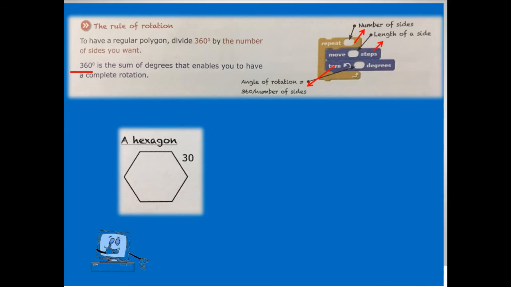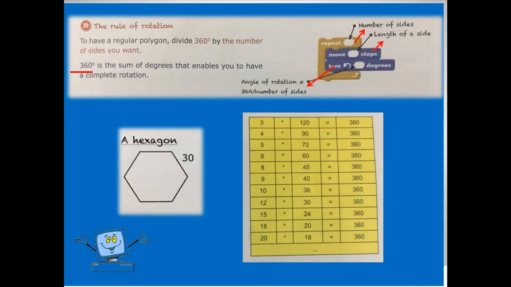Now here we have a hexagon, and to know the blocks that we need to build, all you have to do is check this table. As you can see, a hexagon has 6 sides. So in the block repeat, you have to write 6, and then how many steps it will move.